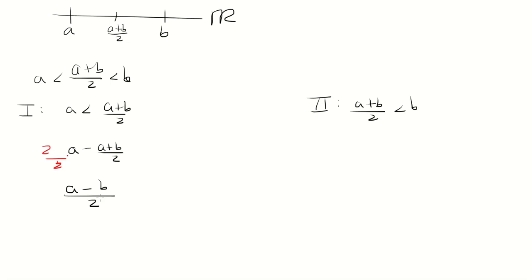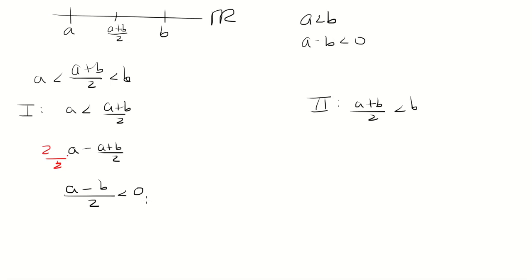Is this less than 0 or greater than 0? Well, we said that A was less than B as our assumption. So if I subtract B from both sides, I get A minus B is less than 0. If I divide both sides by 2, I find that this is less than 0 as well.